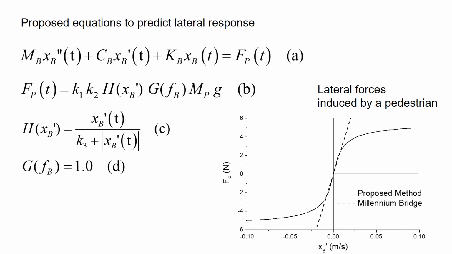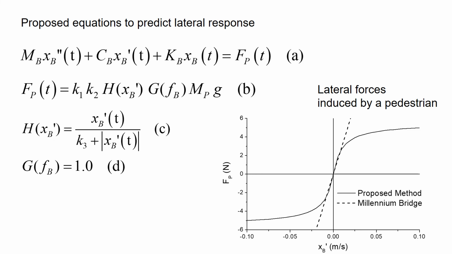It is assumed that the pedestrians synchronize proportionally with the girder velocity xb' at low velocities. When the girder velocity becomes large, the pedestrians feel uncomfortable or unsafe, and they decrease their walking pace.